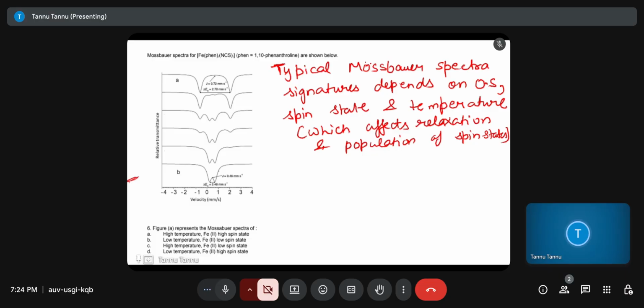So if you see, while going from up to down, there is a decrease in isomer shift.